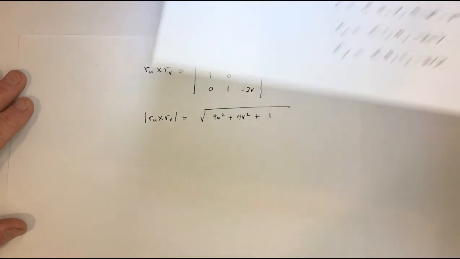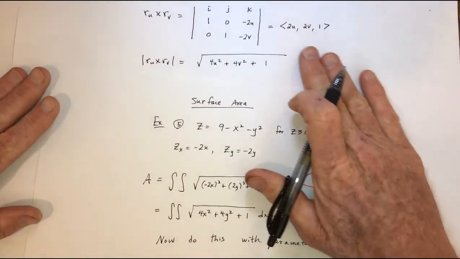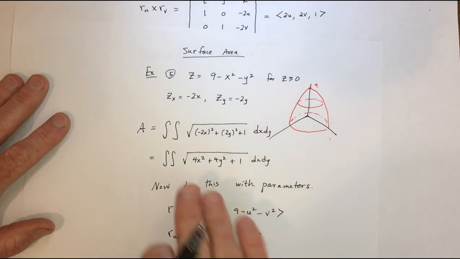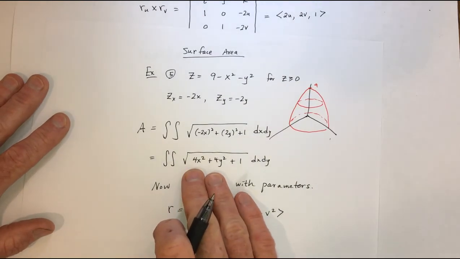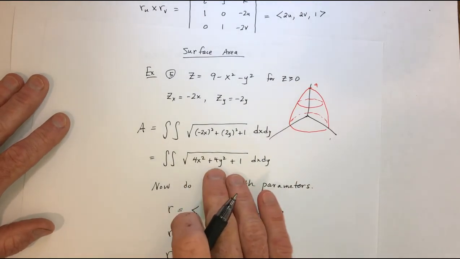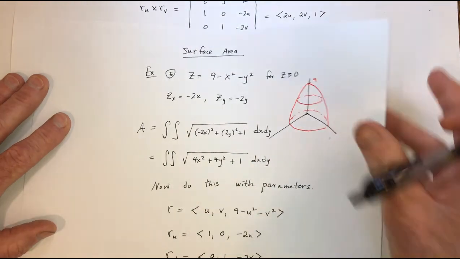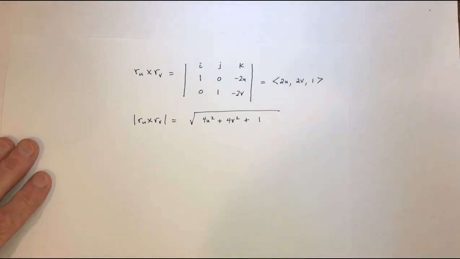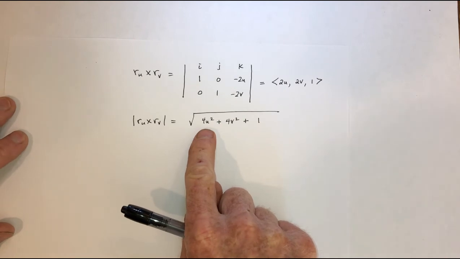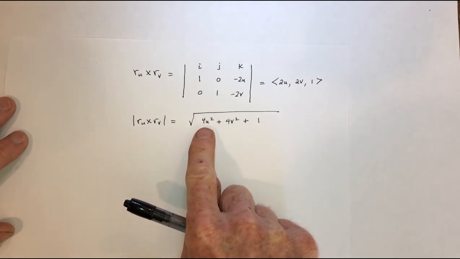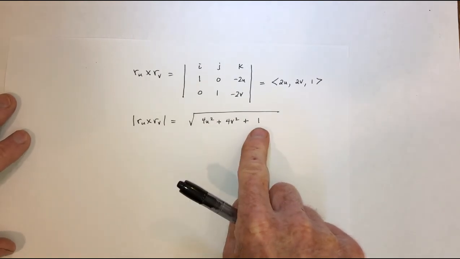And then take a look at what we had previously. So what we had previously was inside the square root, 4x squared plus 4y squared plus 1. That's the old-fashioned way to do it. Then, if you look at that, it's the same thing, 4u squared plus 4v squared plus 1.